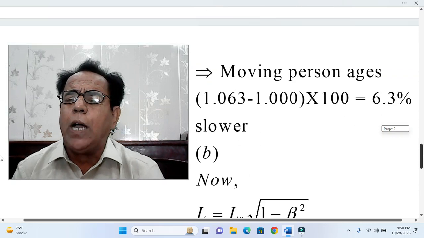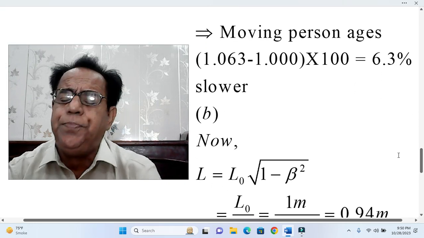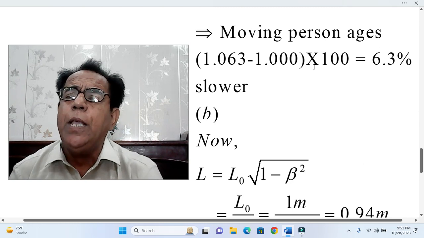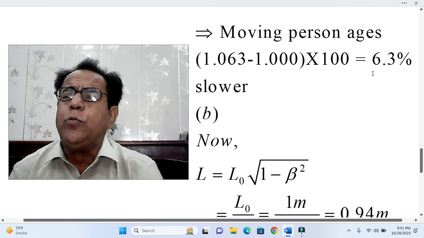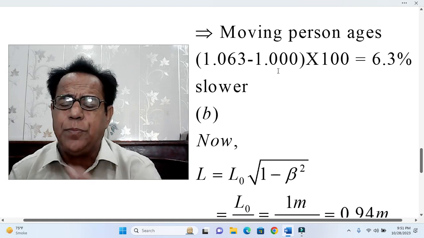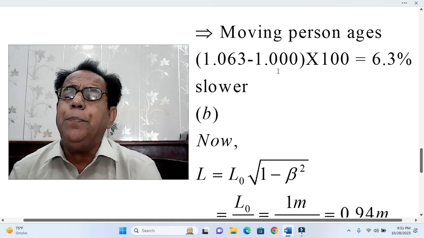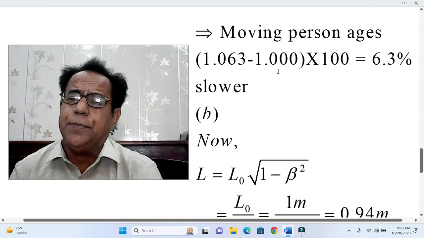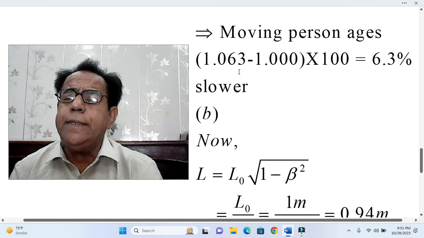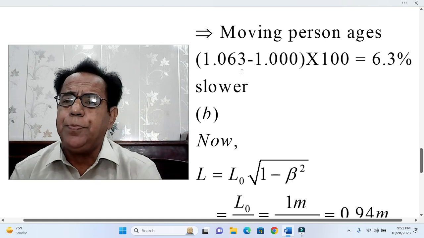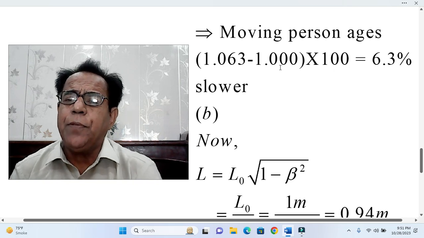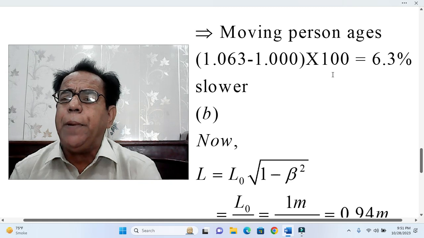After finding the Lorentz factor, we have to find out this situation. In order to find out this situation, we make our statement in this mode: this implies that the moving person ages 1.063 minus 1.000 multiplied by 100.